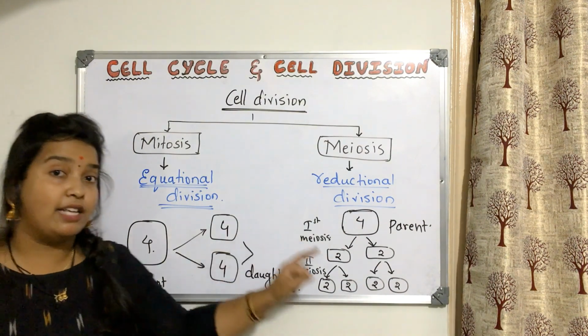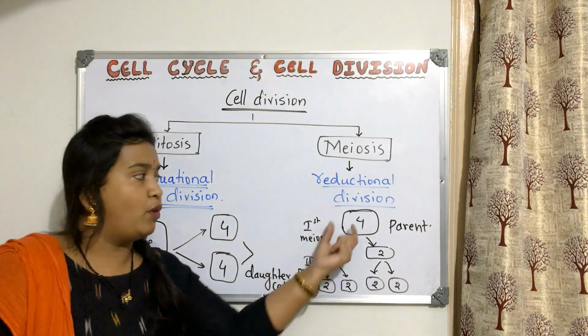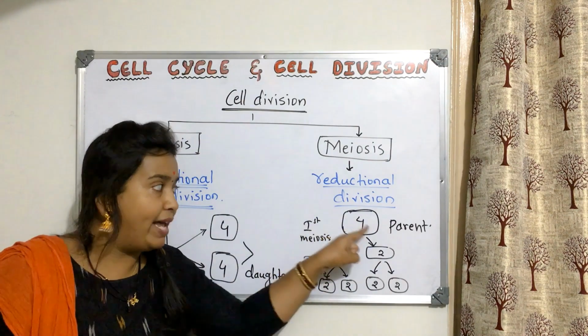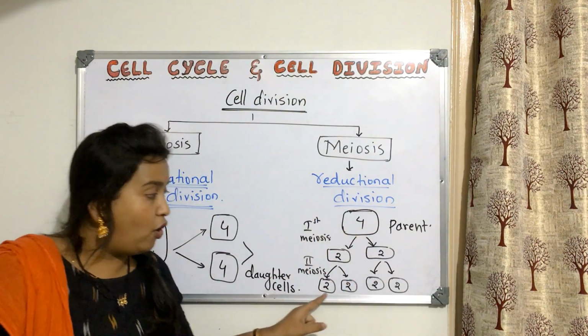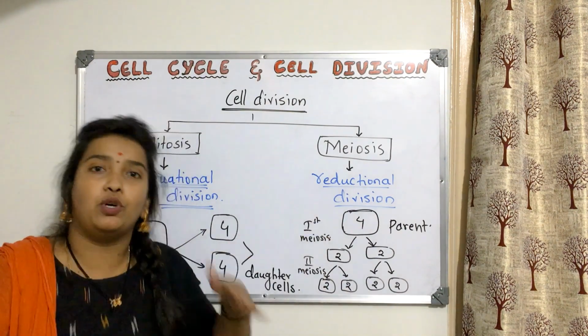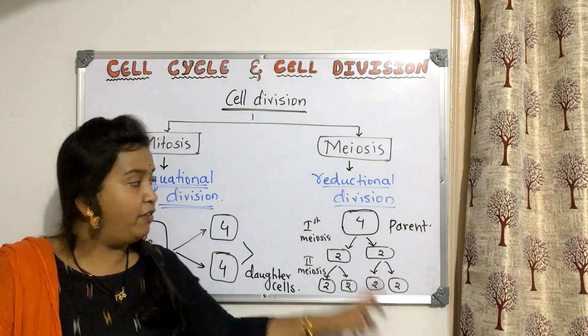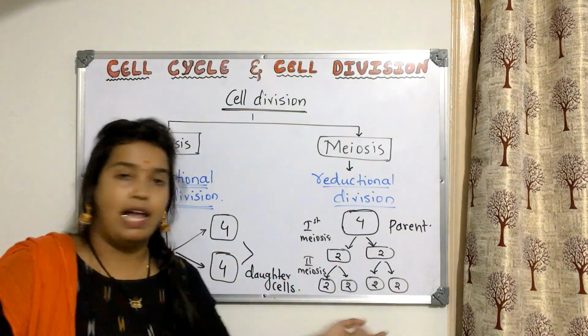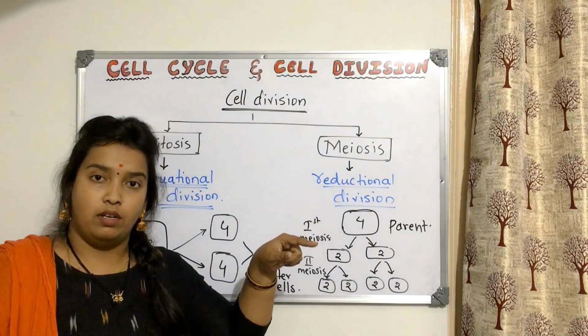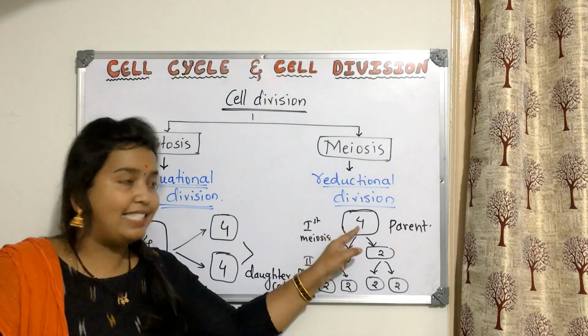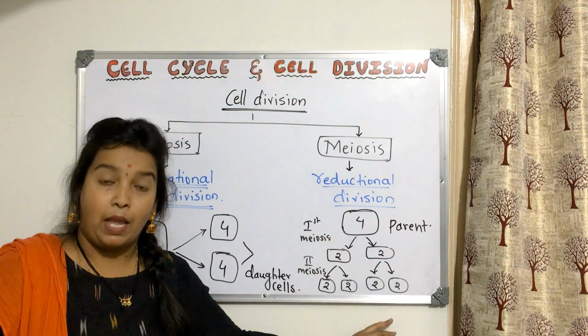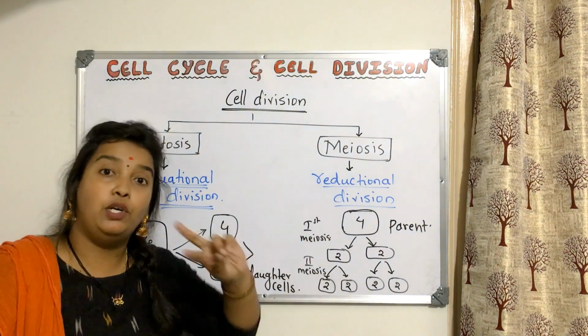But that is not the case in meiosis. In meiosis, whatever the chromosomes in the parent cell, it is reduced, and all the daughter cells will have that reduced chromosomes. If it is 4, all 4 will have 2. If it is 8, it will be 4. If it is 16, it will be 8. But this division takes place in 2 phases.